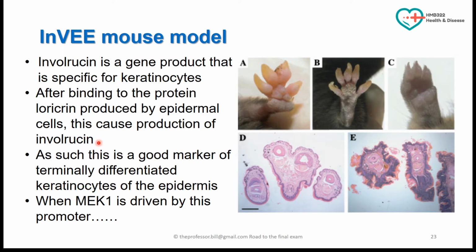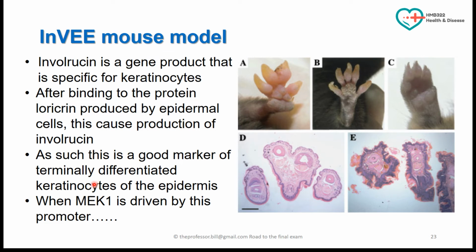And we have the promoter, we have identified the genetic region, which means that any gene that follows after the involucrin promoter is going to be turned on specifically in skin cells. And so this promoter is really important, and that's where the INV part comes in. So it's a marker for terminally differentiated keratinocytes, and we're using this promoter that is only found in terminally differentiated keratinocytes.